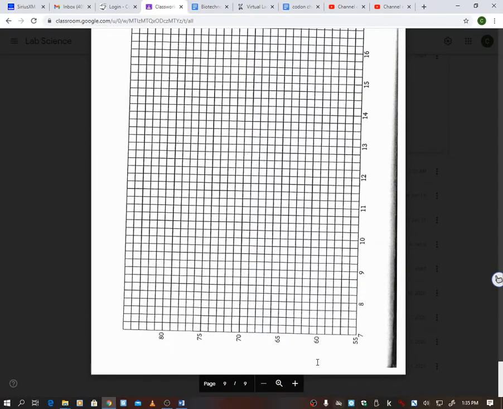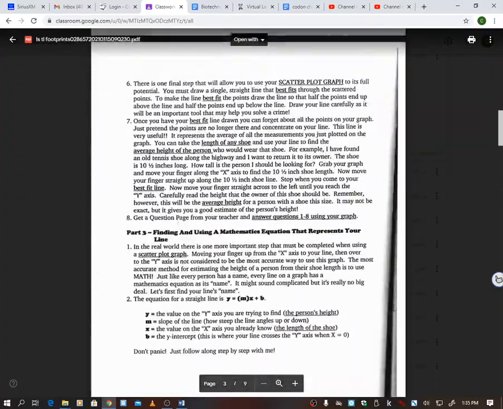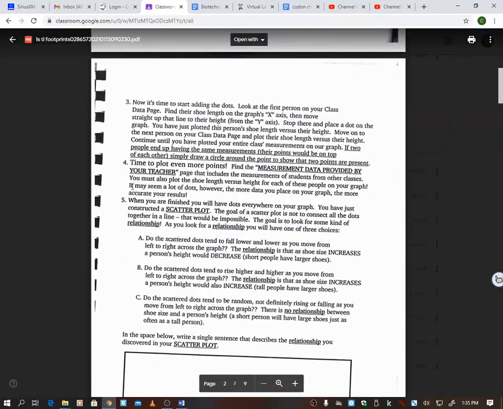So shoe length versus height. All right, so if, I don't know, maybe I'm a 9 and my height is 62. So I would go up to 62 at the 9 and put a dot there. All right, so it's just plotting points is what you're doing at this time. You're plotting your classmates' points.